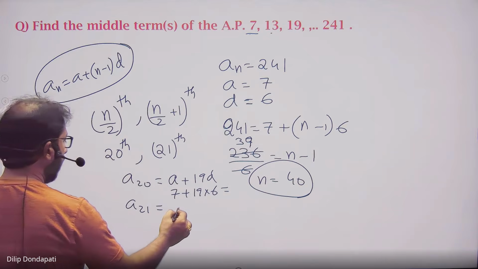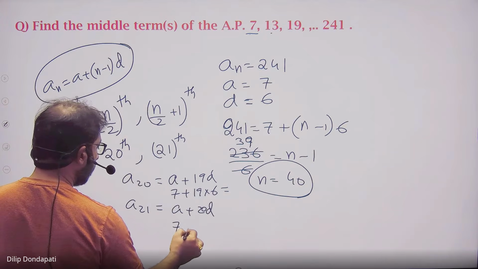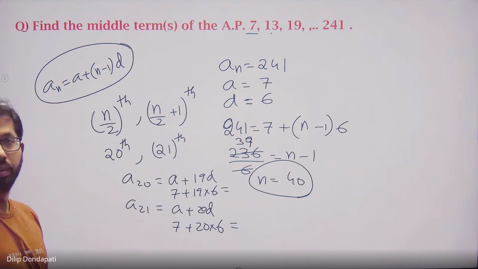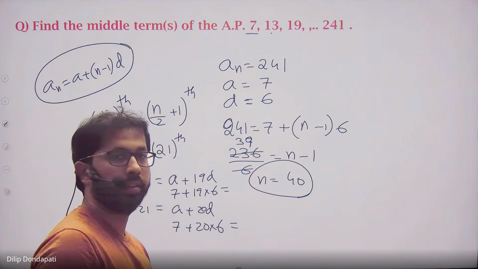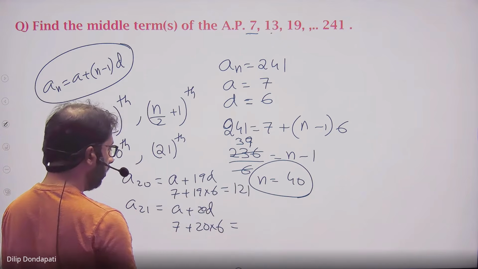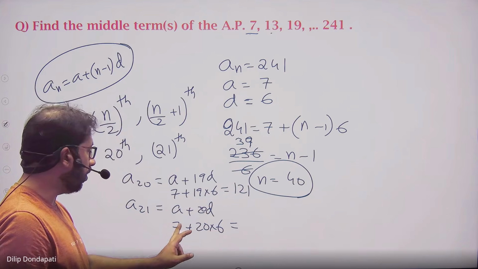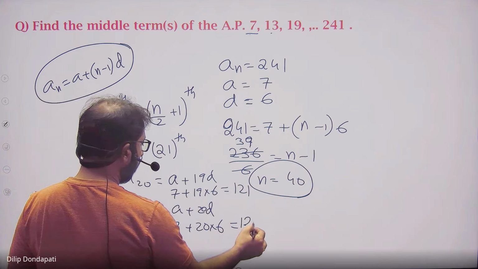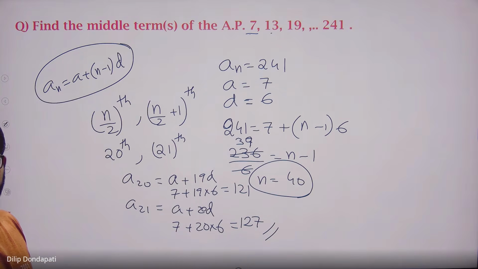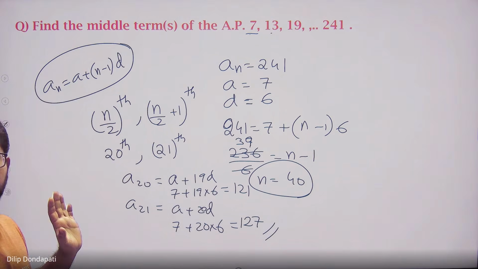Similarly here a plus 20d, so 7 plus 20 into 6. 121. हाँ 121. इसमें 120 plus 7 is 127. So middle term find करने का always n find करके then only we have to solve.